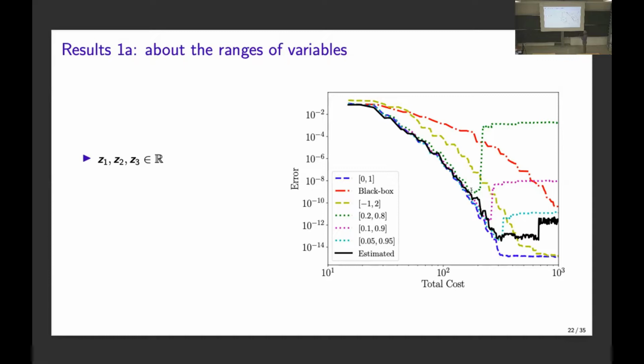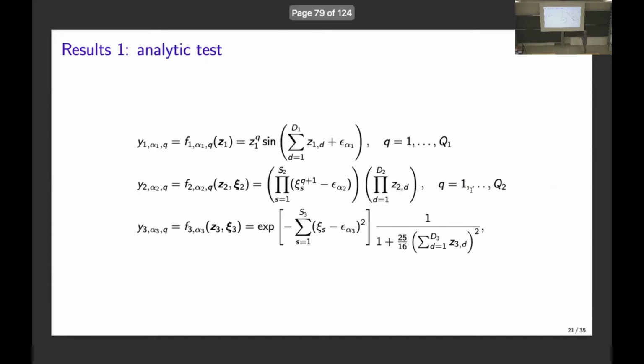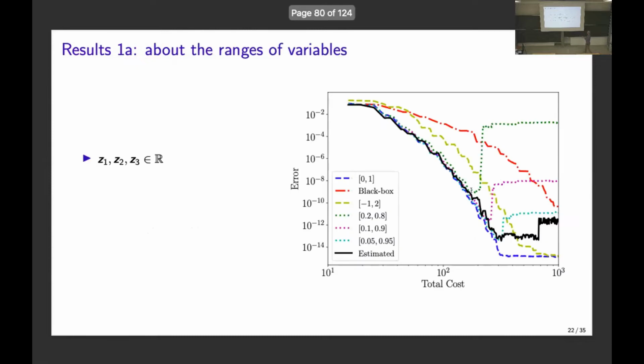Here I know that the range of the X's is [0, 1]. If I know that in advance, I get the blue curve. The adaptive procedure, where I play with these Leja points and increase the ranges, gives me the black curve, which converges up to 10 to the power minus 12.